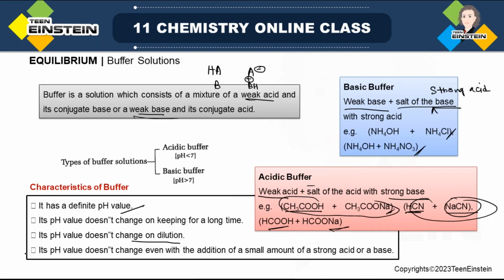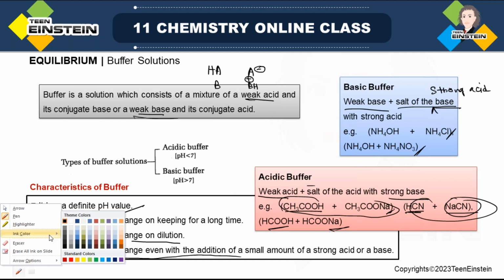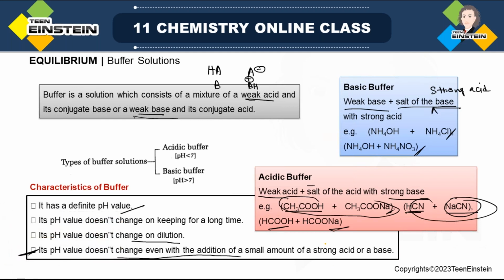And the fourth point, this is the most important feature that must be present in any buffer solution. So what is the feature? The pH value doesn't change even with the addition of a small amount of strong acid or strong base. This is the most important characteristic of a buffer, and this statement is actually the purpose of making a buffer. So sometimes we need a buffer solution.